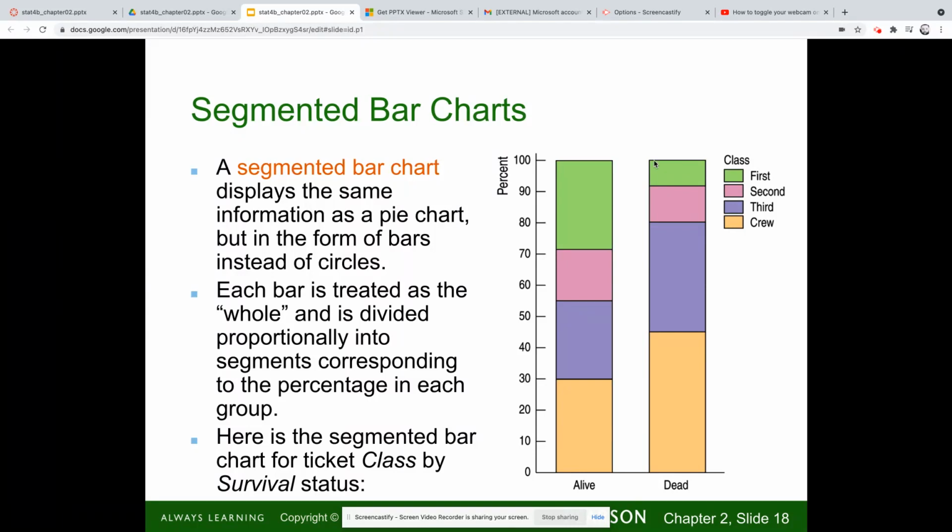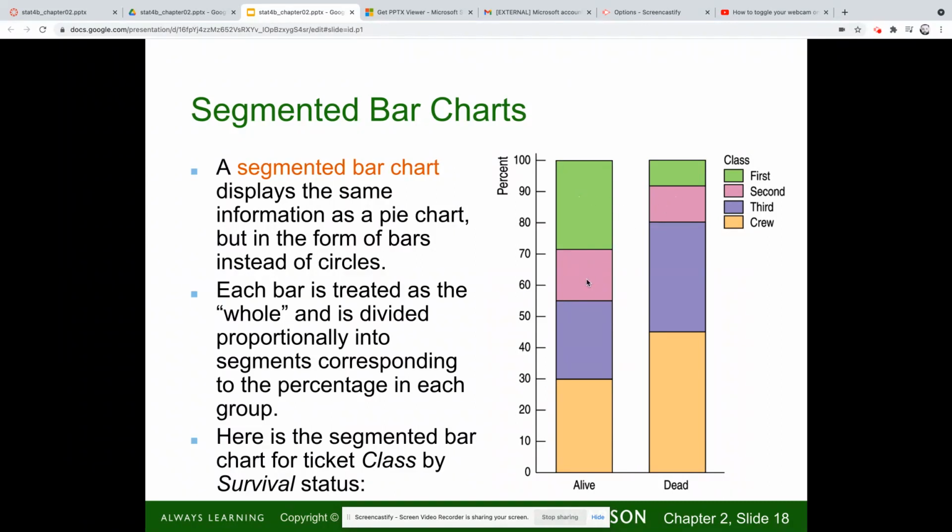So visually, remember the first 3 rules were what? Make a picture, make a picture, make a picture. By looking at this, within a matter of seconds, I could see that if you were first class, you were 3 times more likely to survive on the Titanic than the other ticket holders.